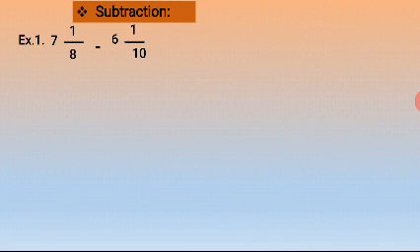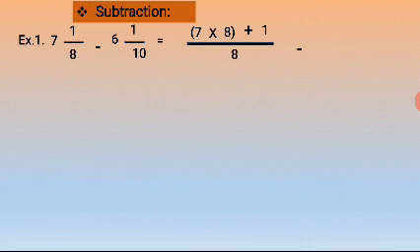So we convert each mixed fraction into an improper fraction. The first mixed fraction, 7 and 1 upon 8, we convert into an improper fraction: 7 into 8 plus 1 upon 8, minus the second mixed fraction 6 and 1 upon 10.